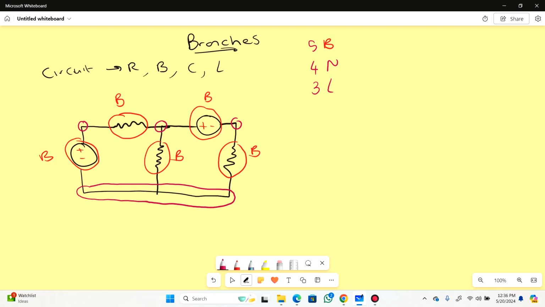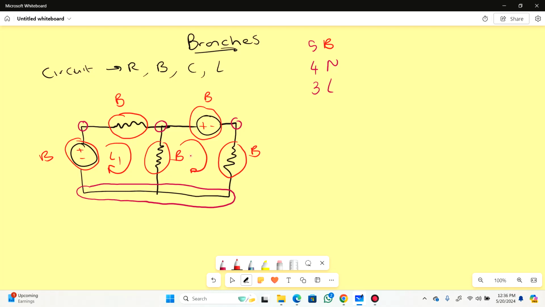An independent loop is basically a loop that contains at least one element that is not part of any other loops. Let us see in this case. You can see that it is an independent loop that contains at least one circuit element. We have this element here, so this is a loop. So we have one independent loop here.